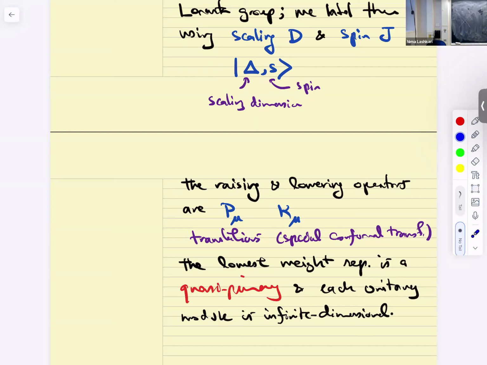I absolutely encourage you guys to do this for the two-dimensional Poincare group. Actually, even simpler than that. Let's say your theory is a chiral half. So all you have is boost restricted to this line, which is scaling. What is boost? It's x del_t minus t del_x. You write it in this notation as x plus.